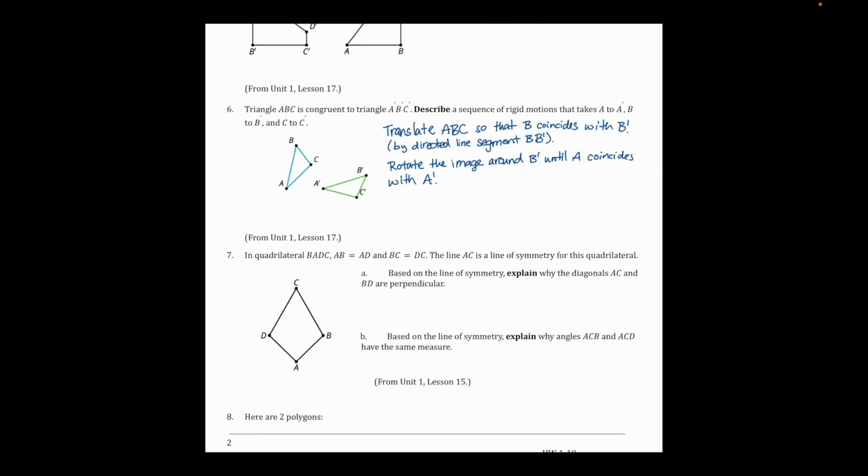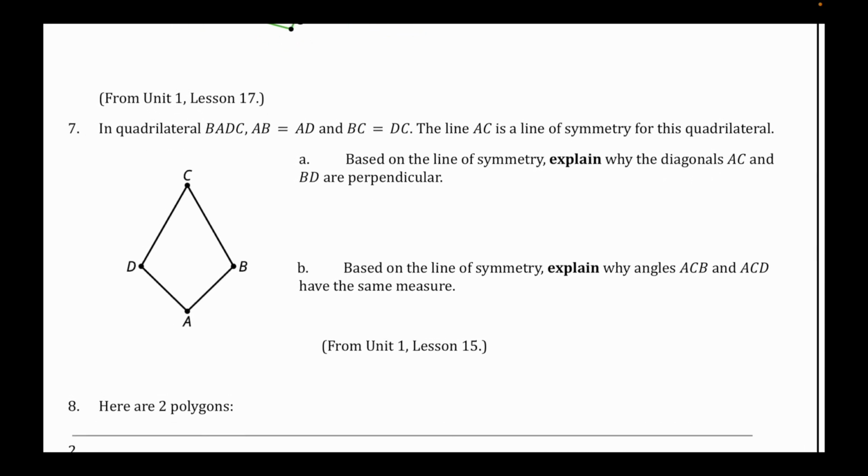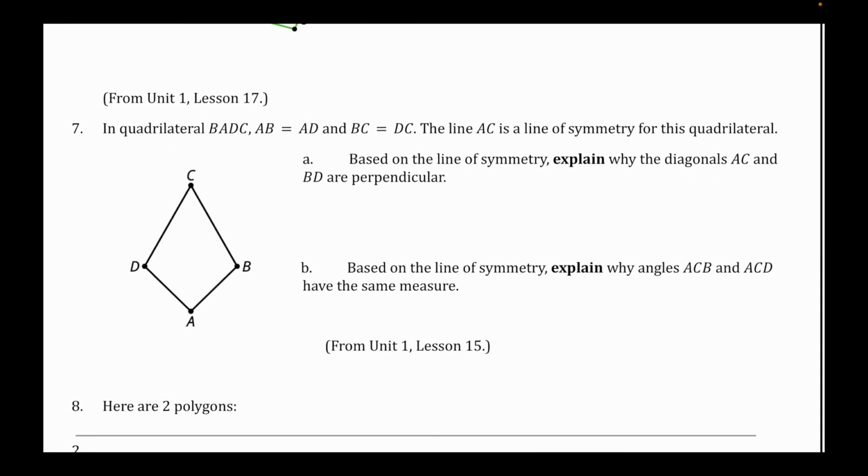So let's go down. This one here is a question from lesson 15. So a different answer here. Instead of just that same transformation sequence, in quadrilateral BADC, we have the following properties. So AB is equal to AD, and BC is equal to DC.